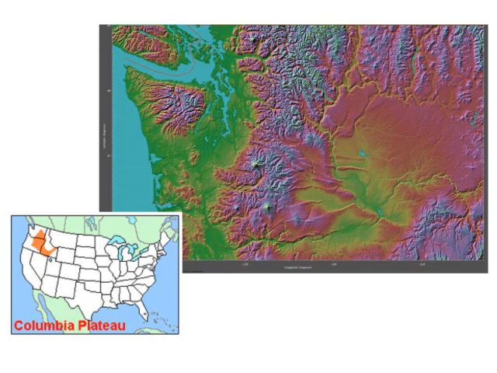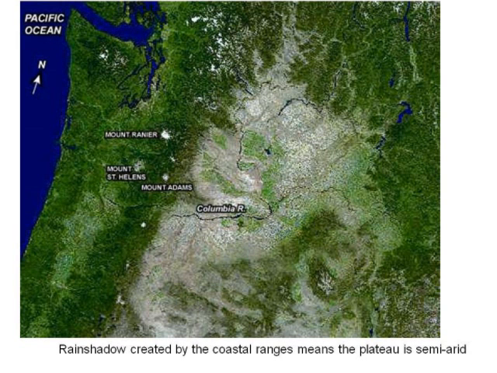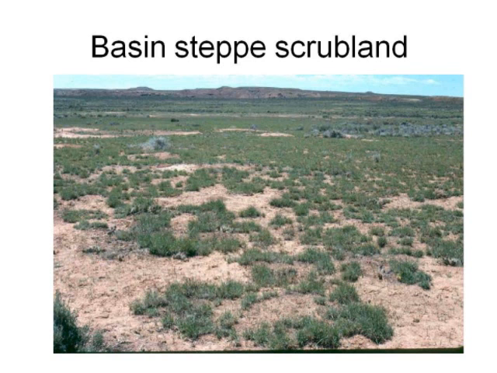The largest plateau is the Columbia Plateau in Washington State. It's very dry due to the rain shadow created by the coastal range. Most of this whole region is a dry desert and semi-arid scrubland.